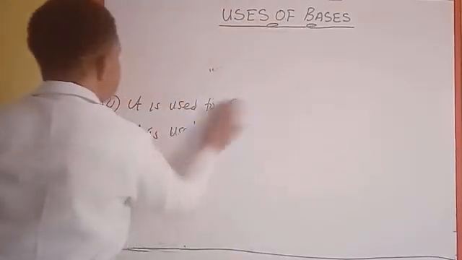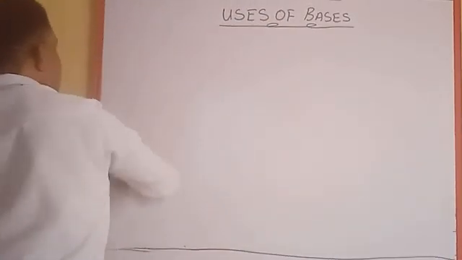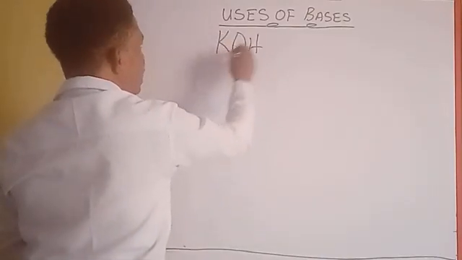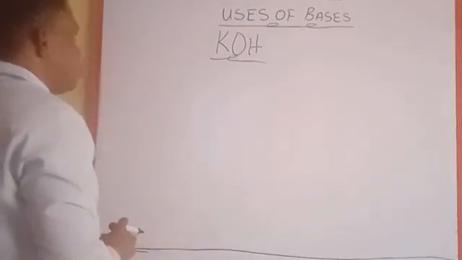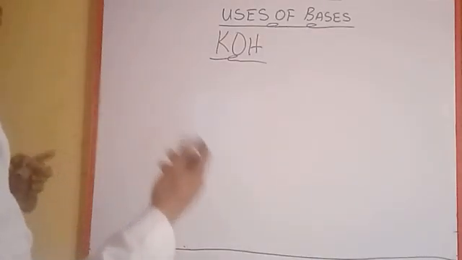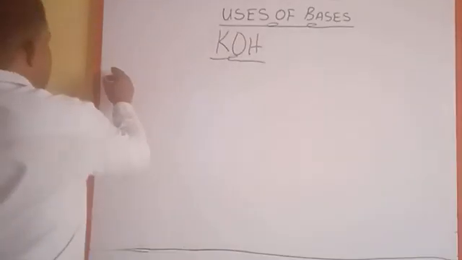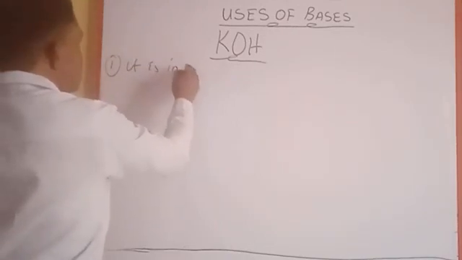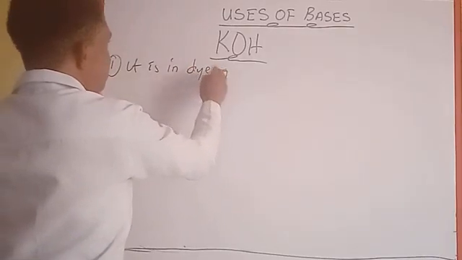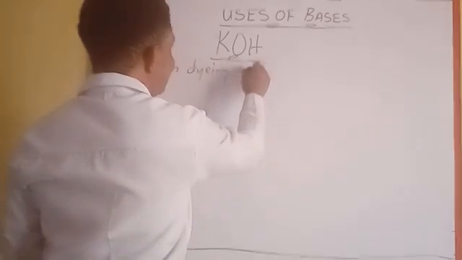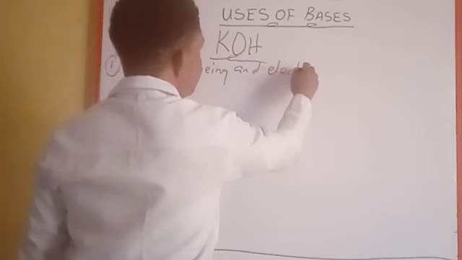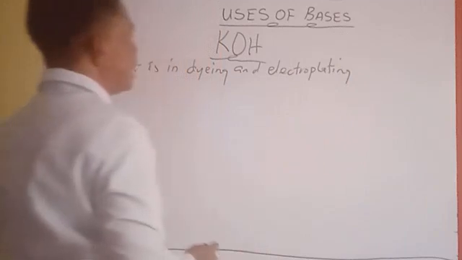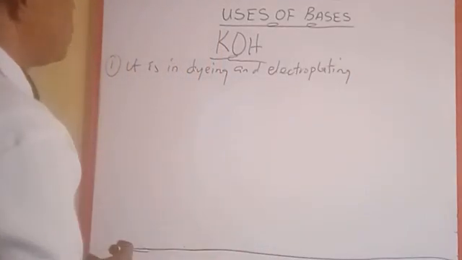The next base is potassium hydroxide. Now, what are the uses? Number 1, it is used in dyeing and electroplating.